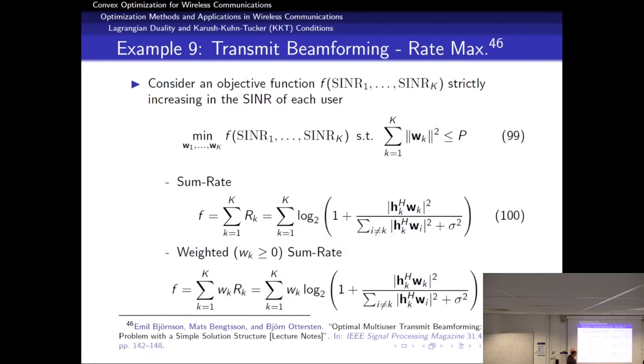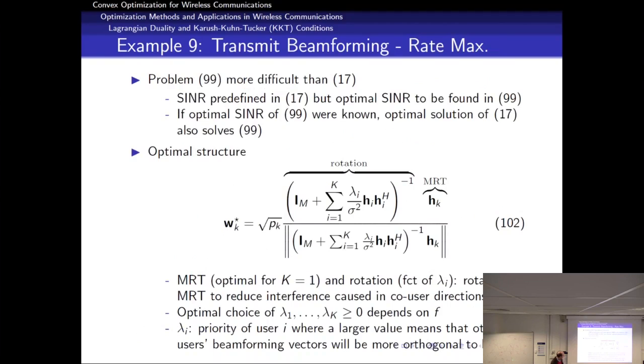You can do this for other objective functions, but these are a bit more complicated, for sum rate maximization, for instance. And you can show that the structure looks like this as well, but your choice of the lambda now is a bit different. But you always have this kind of insight. So you have an MRT and you have a rotation, and so you deviate a little bit from your MRT, and if you deviate even further, you end up with your zero forcing.